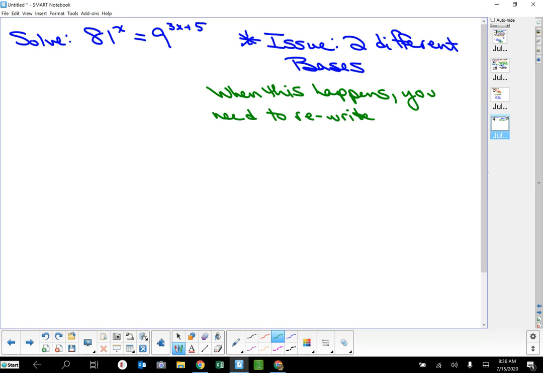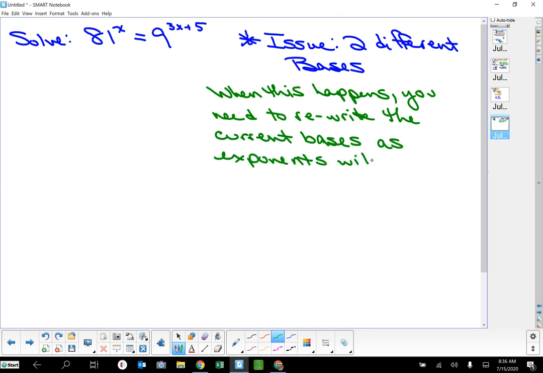Anyway, when this happens, you need to rewrite the current bases as exponents with the same base. Oh, base. This is base. And here's what I mean. If you see 16 and 32, these are both powers of 2.